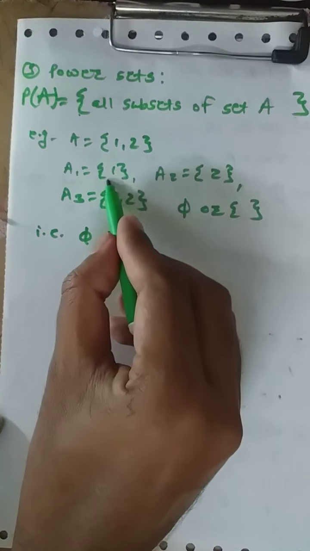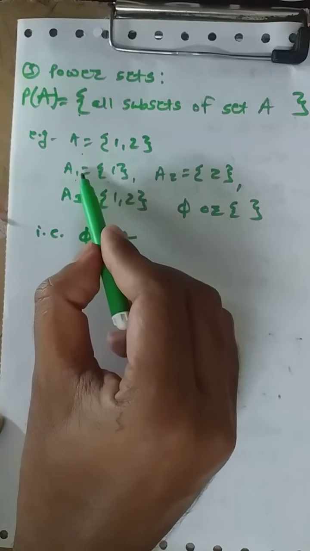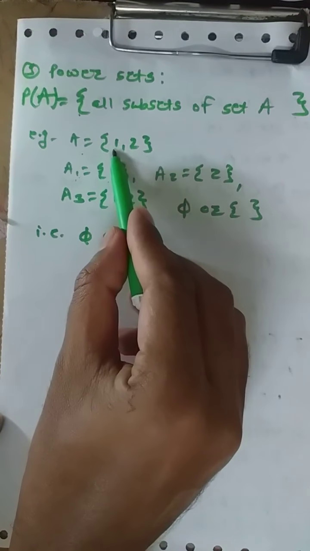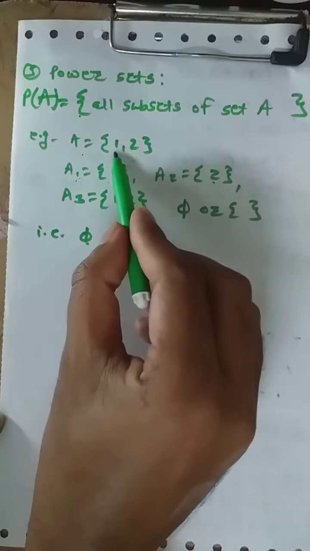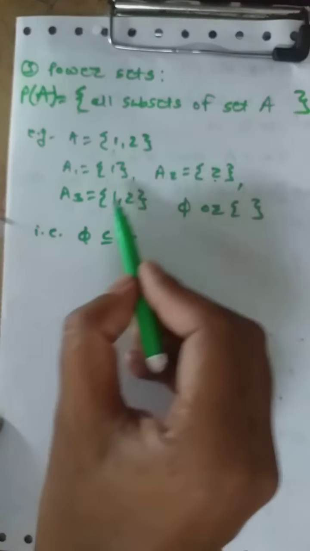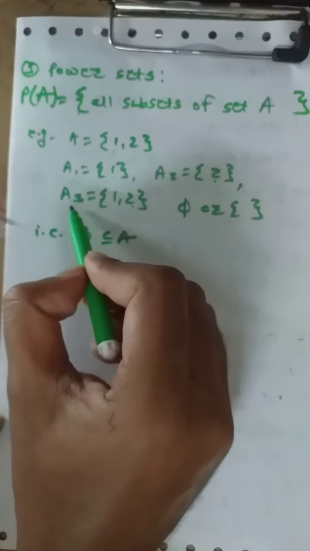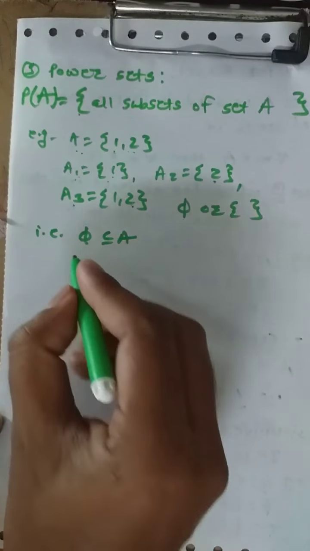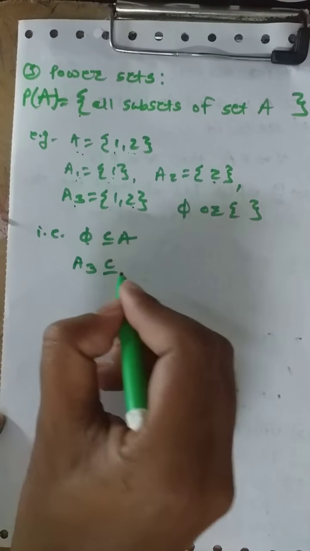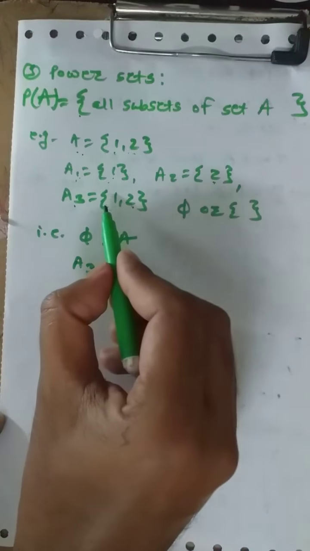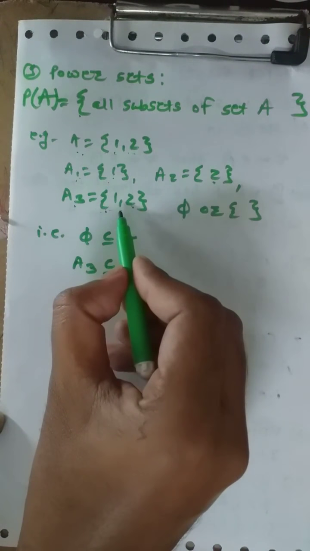{1} is a subset of A, because 1 is present in set A. Then {2} is a subset of A, because 2 is present in it. So {1, 2} is also a subset of A, because every set is a subset of itself.